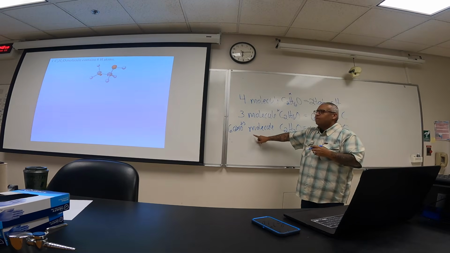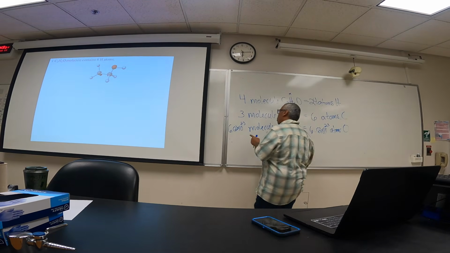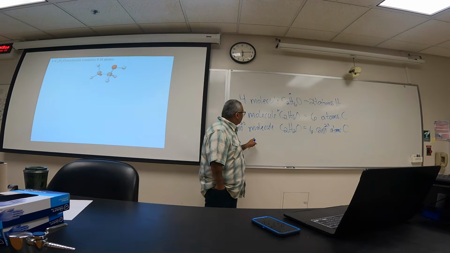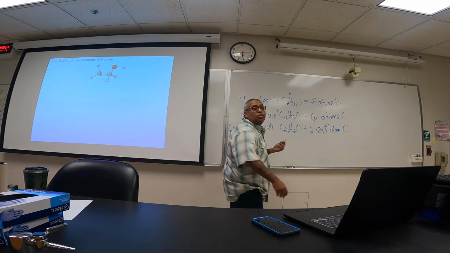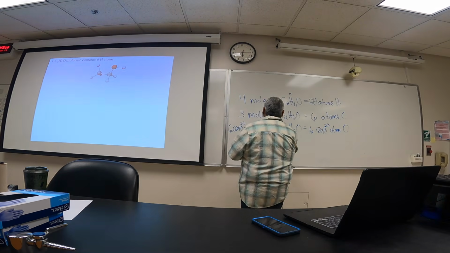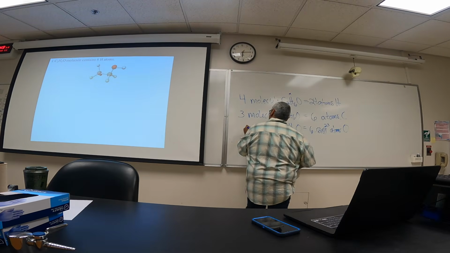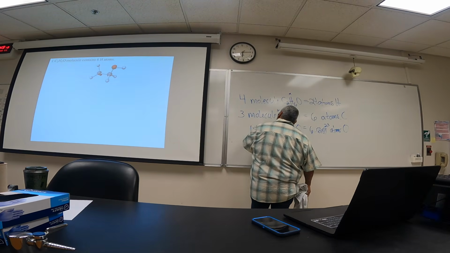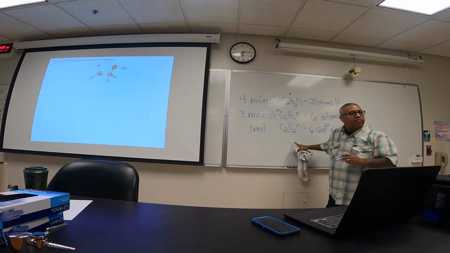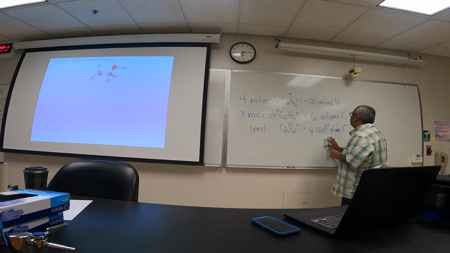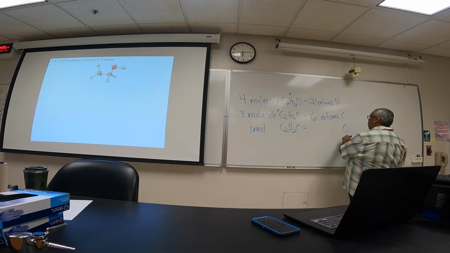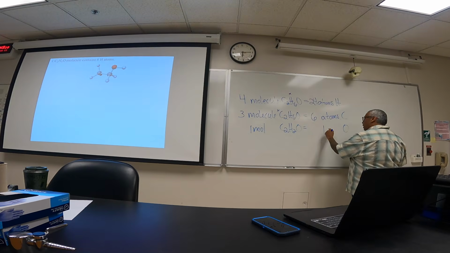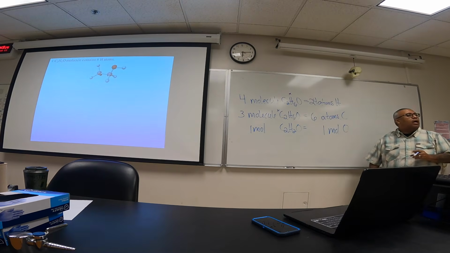But let's make this simpler, because what does 6.02 times 10 to the 23 represent? A mole. So we can make this even simpler, and say that 1 mole of ethanol contains how many moles of oxygen? 1 mole of oxygen.